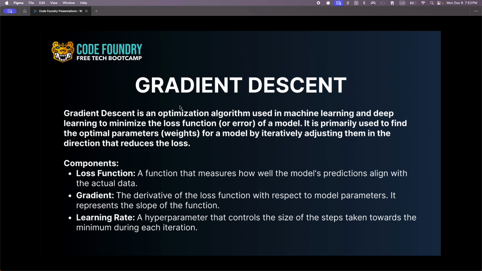So gradient descent. This is something I wanted to bring up because a lot of people talk very loosely about AI, and they don't understand that AI is extremely complex. AI is founded off of probability, statistics, and data models.